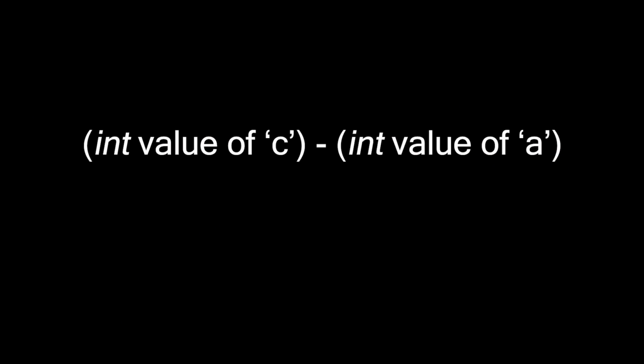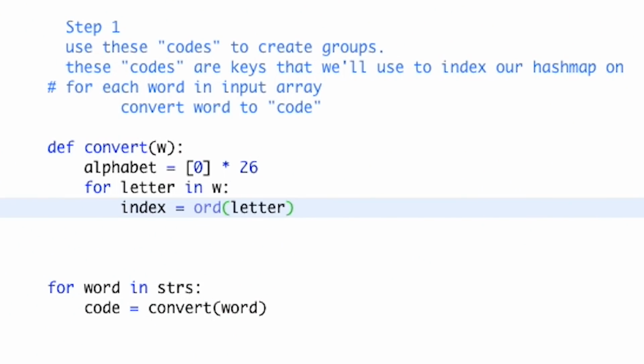If you subtract A from C, it's always going to be 2 no matter where A actually starts. So we know that the function for converting a letter to a number is ORD. So we get ORD of letter, and like Chris mentioned, we're going to do minus ORD of A.